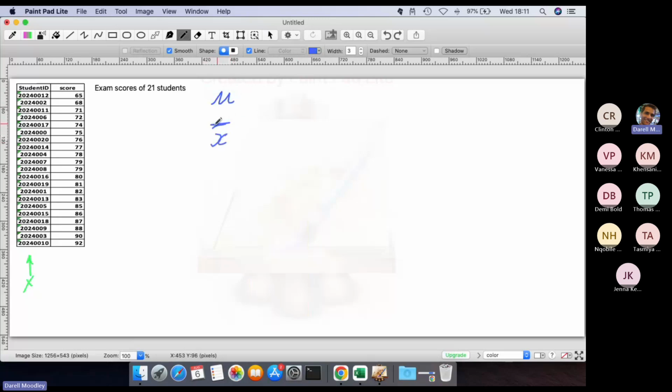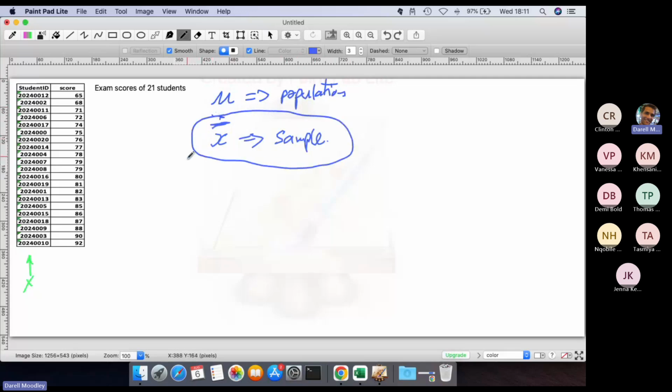Now the difference between the 2 of them is that mu is the average for the population, okay? And x bar is the average for the sample, okay? Unless told otherwise, you can assume that we are dealing with the sample. It's very seldom we have the entire population of students, okay?